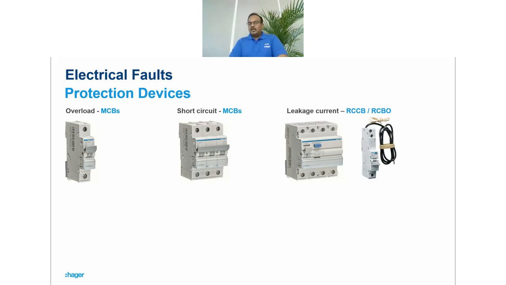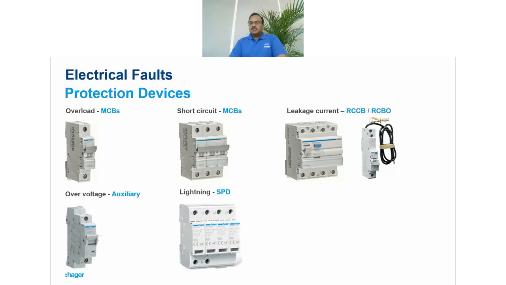For example, for overvoltage, you can add an overvoltage auxiliary or even stabilize it before giving an input. For lightning, there are surge protection devices. This is a new trend, to add these devices into the distribution board to safeguard against lightning.